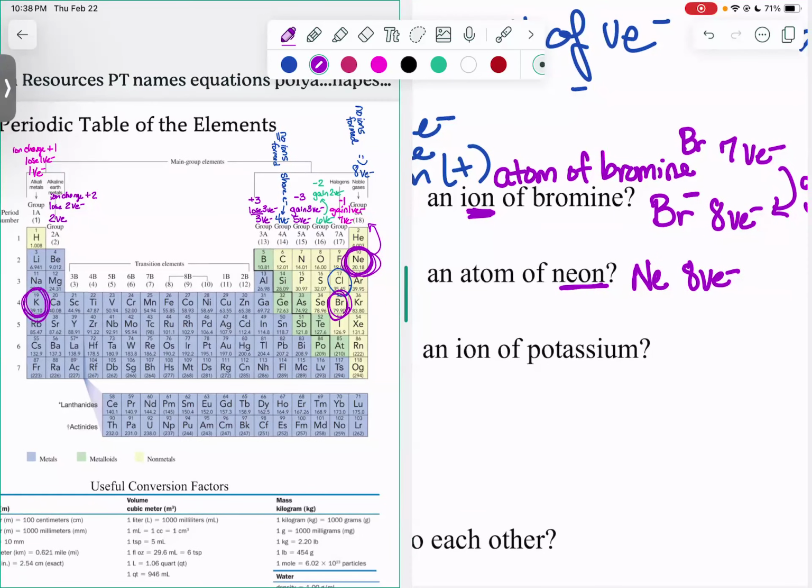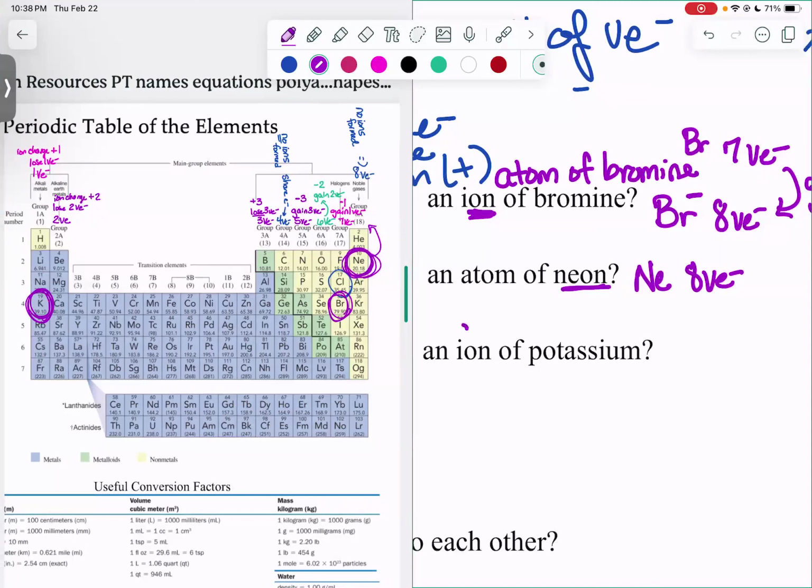How about an ion of potassium? Here's potassium on our periodic table. It's in group 1A. So let's do an atom first, an atom of potassium. That's K, and it would have 1 valence electron. Now here's where it's just a little bit tricky.